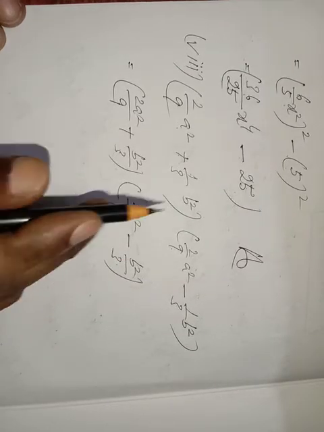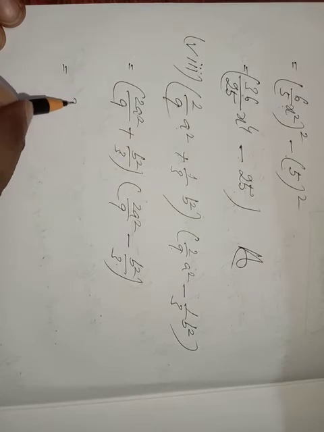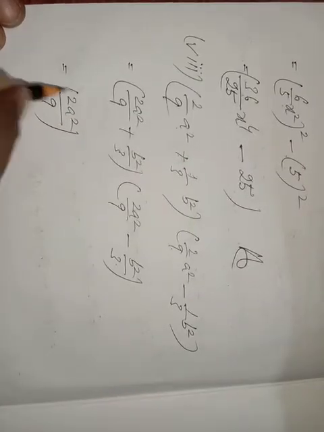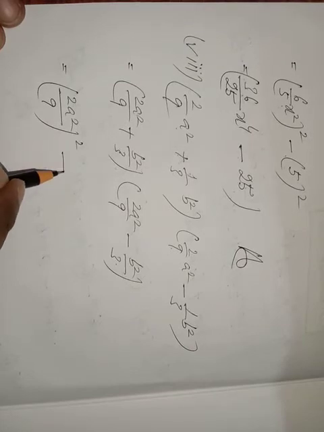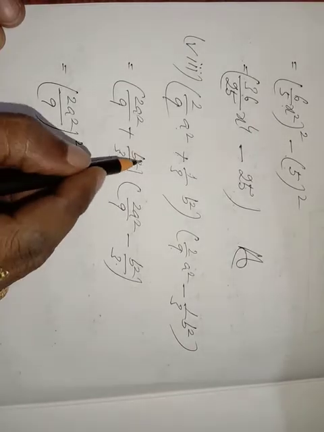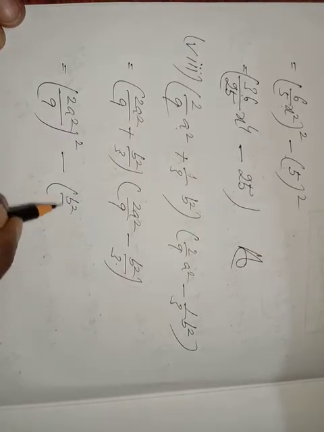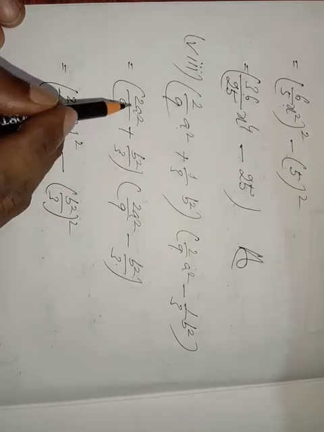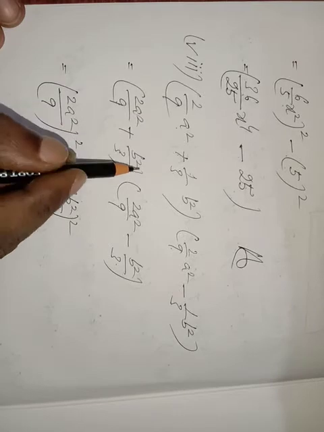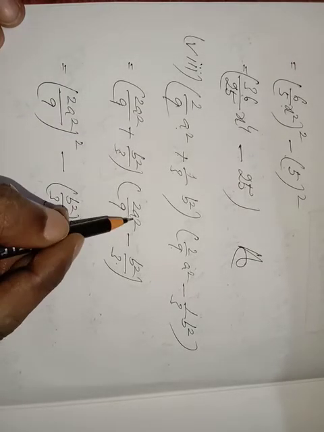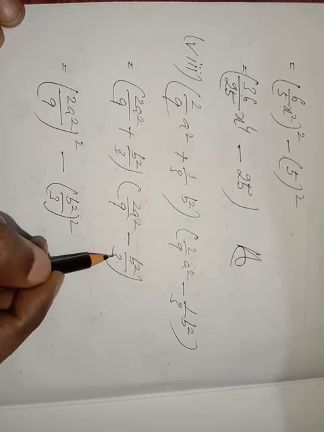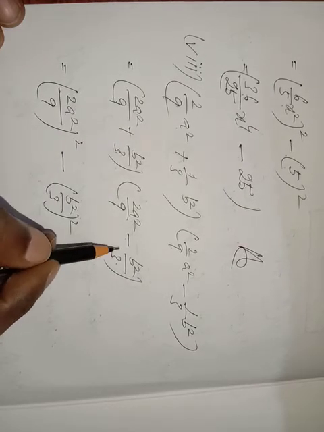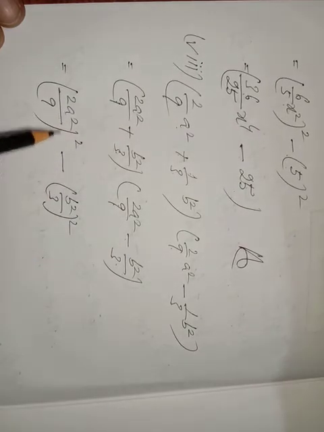So what is the result? The result will be as usual: a square means 2a square by 9 whole square, minus b square, b means the second part, that is b square by 3 whole square. Again I am repeating, 2a square by 9 plus b square by 3 whole into 2a square by 9 minus b square by 3. Using the formula a plus b into a minus b, the result is a square minus b square.